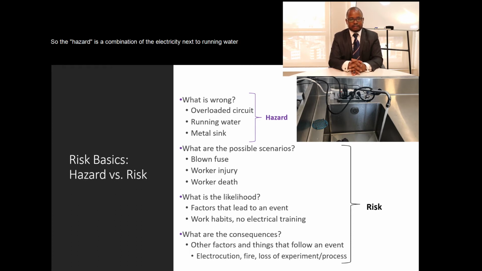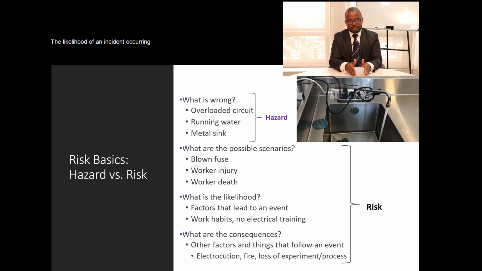So the hazard is a combination of the electricity next to running water, on a metallic sink. But that is not a risk. The risk happens when there is someone next to this sink where there is running water.